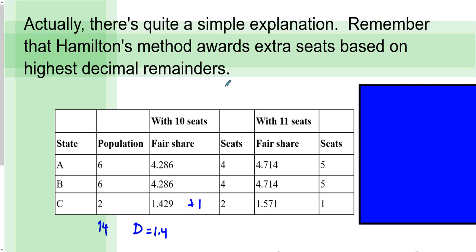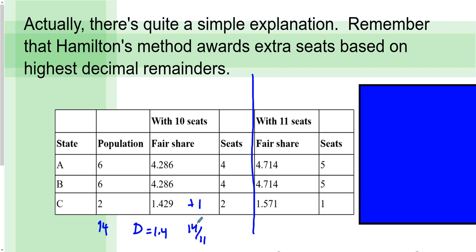Now let's do the same thing again, but this time with 11 seats. When you do it with 11 seats, you're going to have a population of 14 divided by 11, so now your divisor is 1.27 repeated.